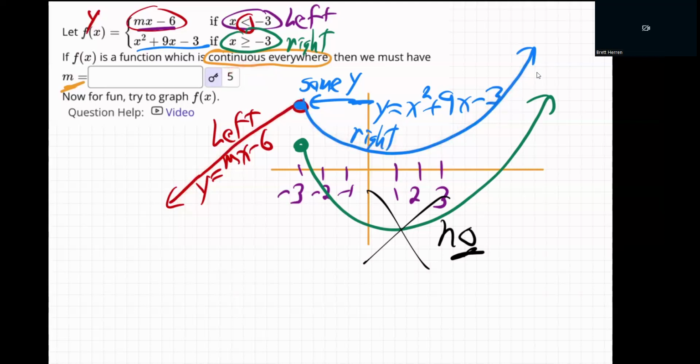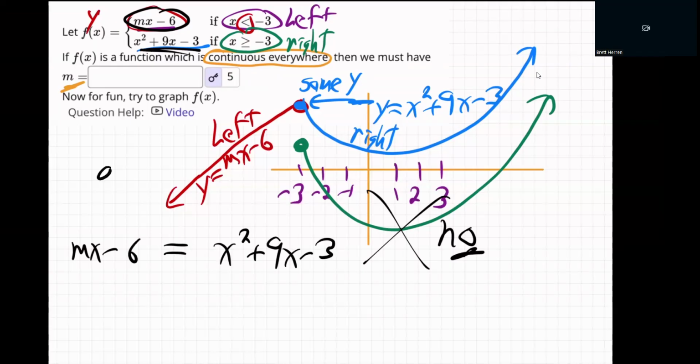So that's a long story to say this equation, mx minus 6, must equal the other equation, not everywhere, but specifically at x is -3. At -3 right here, they have to have the same y value.